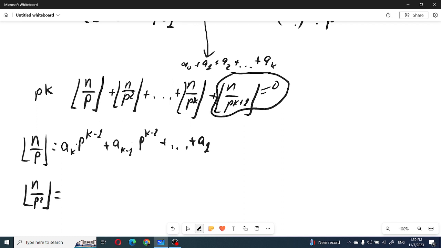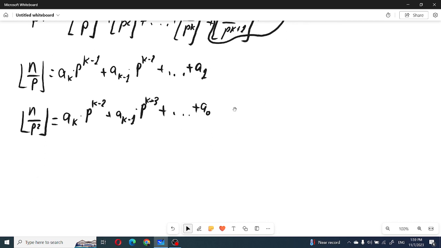This number would be ak times p to the k minus 2 up to ak minus 1 times p to the k minus 3, and the last number will be a2. We will continue this process until we get only floor of n over p to the k, and this number will give us ak.